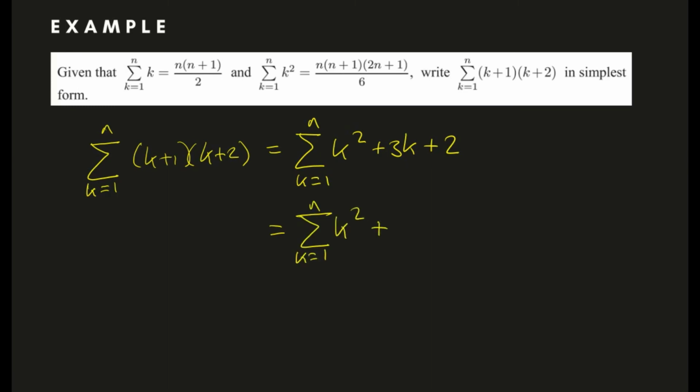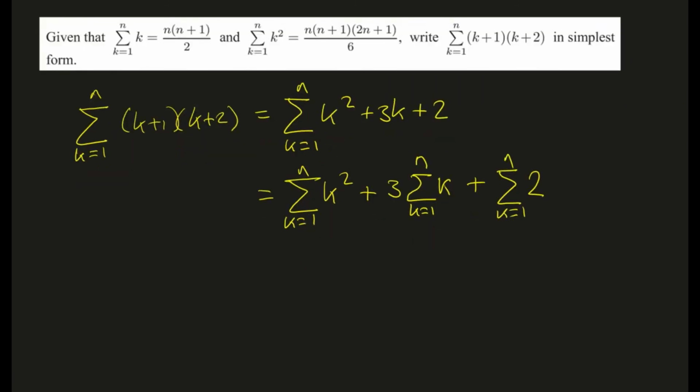We'll have a sum of k squared. We can pull out the factor of 3, and we can write the sum of k as well. Plus, we can find the sum of all those 2's. And of course, we've got some things to swap out for this. We're given some values for k squared and k for that sum.